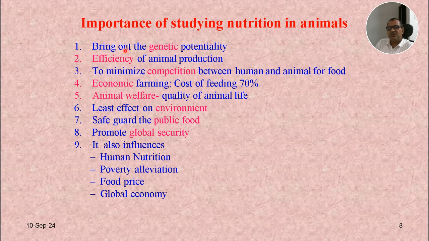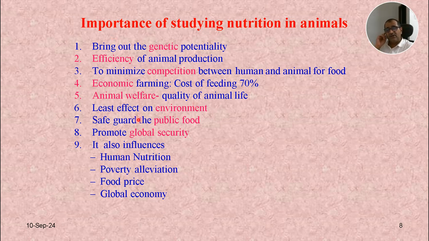This is answered by bringing out the genetic potentiality. Suppose a cow or cattle or a buffalo is genetically potential, but if proper nutrition is not given, it will not yield the proper milk or meat, etc. So that's why studying nutrition, especially in animals, is very much required.